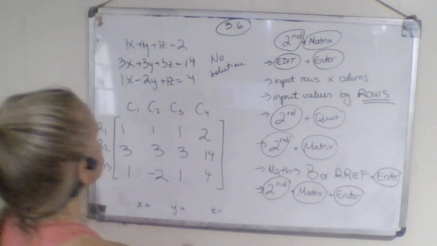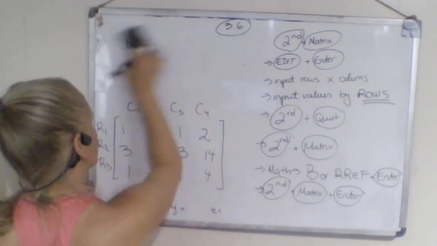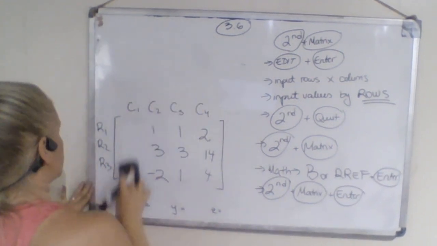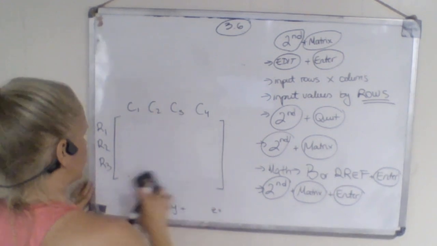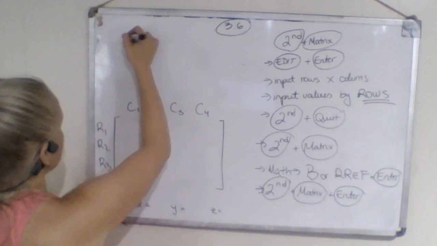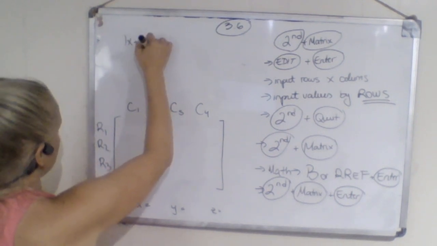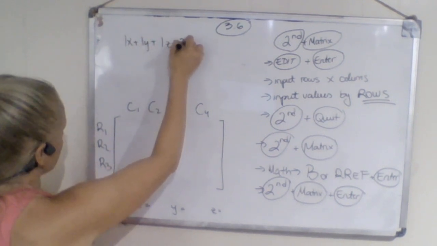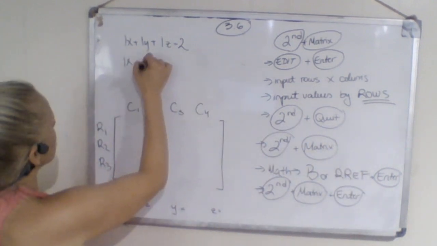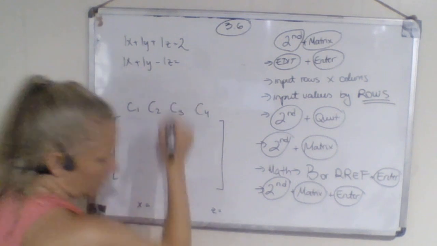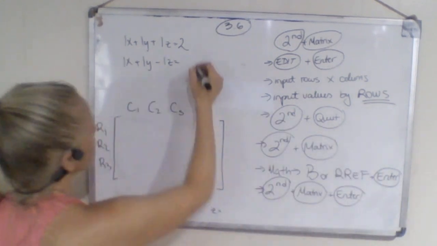Okay? Let's look at another example and see what we do when we have different options. Here's my next one. 1x plus 1y plus 1z equals 2. I have to write this the right way. 1x plus 1y minus 1z equals 2.